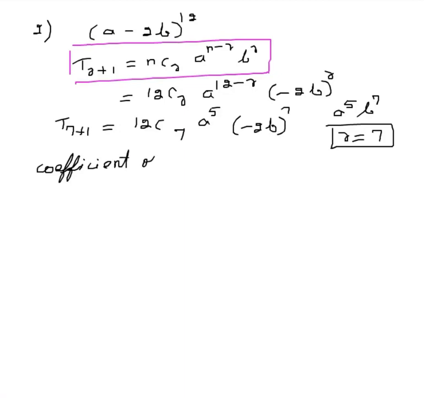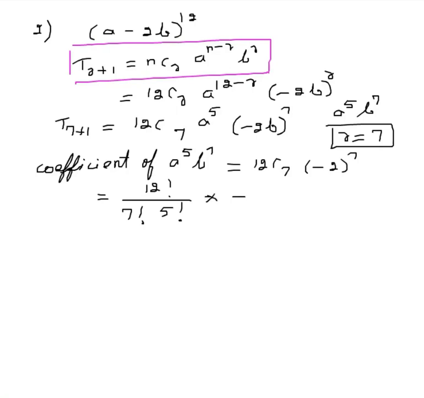Therefore, the coefficient of a^5 b^7 is 12C7 times (-2)^7, which is 12 factorial divided by 7 factorial times 5 factorial. 12 minus 7 is 5 factorial. (-2)^7 is minus 128.